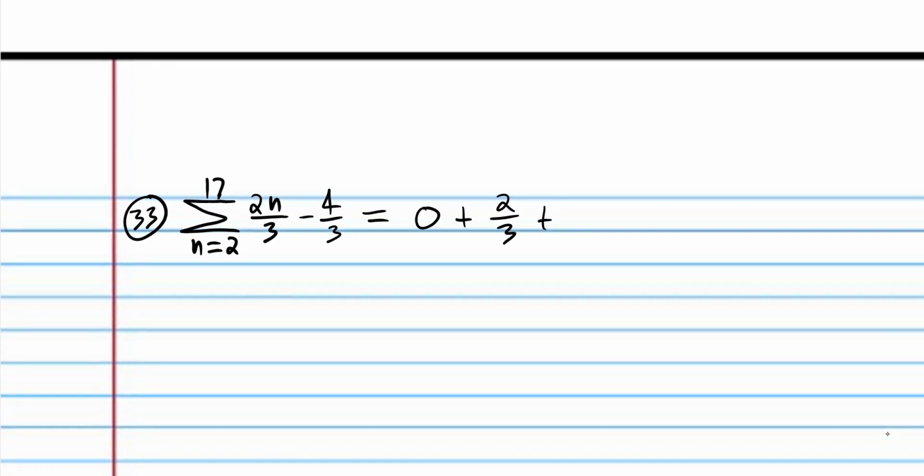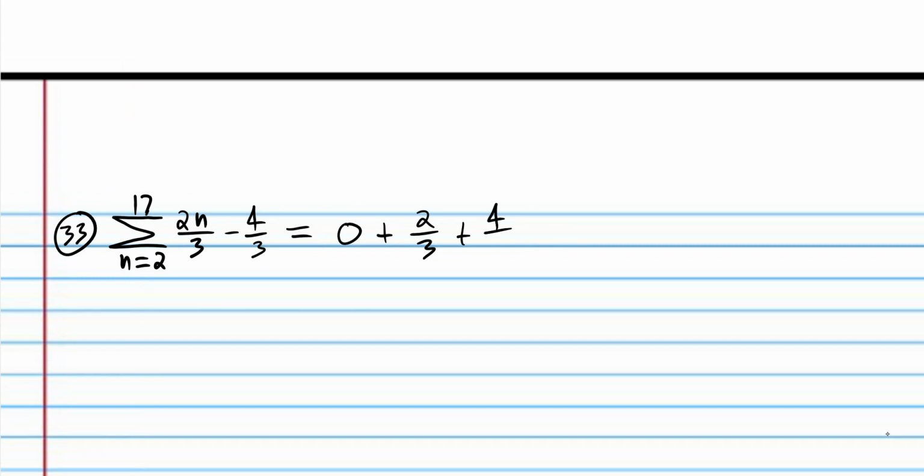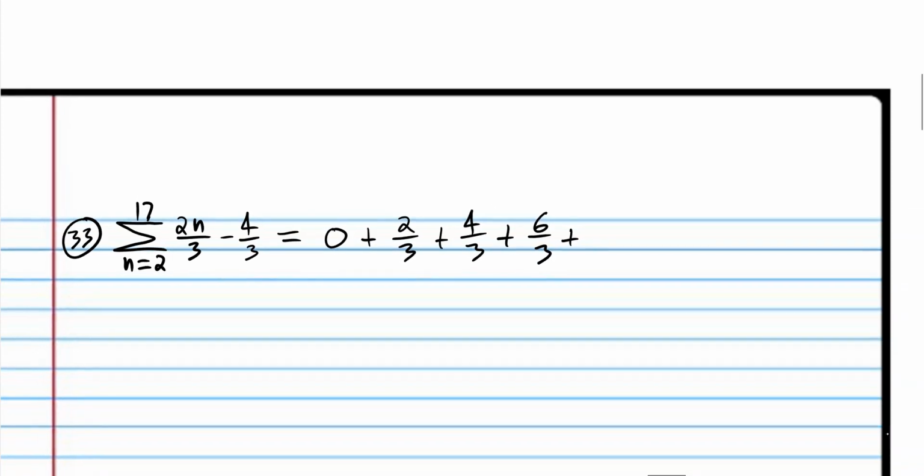If we plug in 4 for n, we get 4/3, and we plug in 5 for n, and we get 6/3, and we plug in 6 for n, and we get 8/3, and you can see what's happening. And the last term is going to be 2 times 17 over 3 minus 4/3, whatever that ends up being.